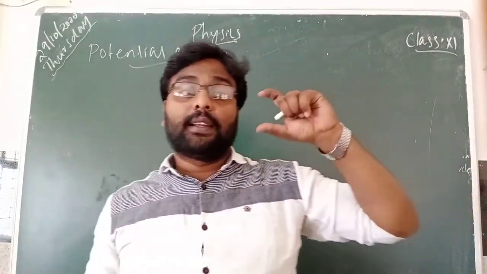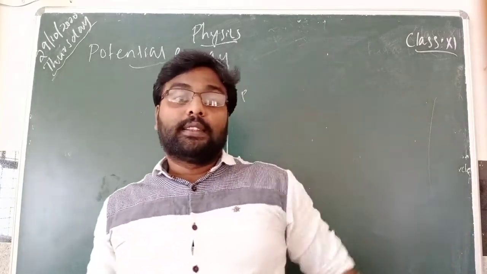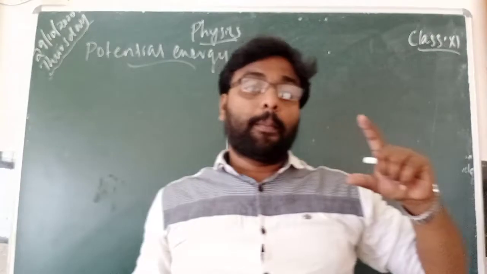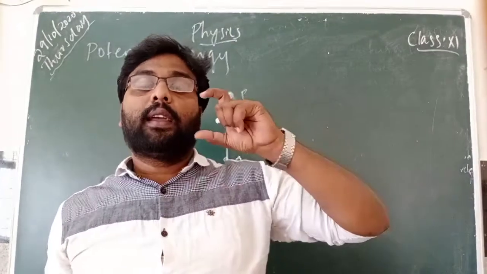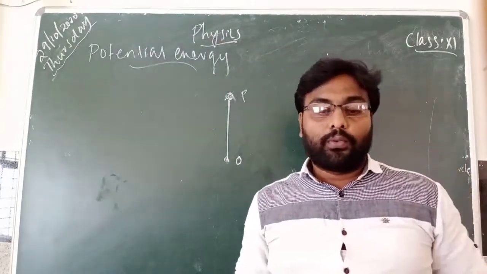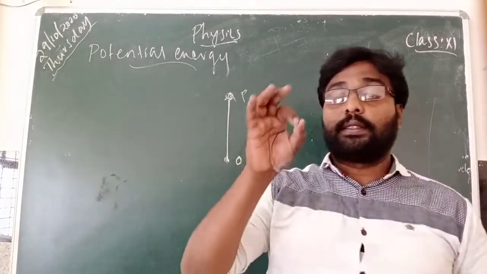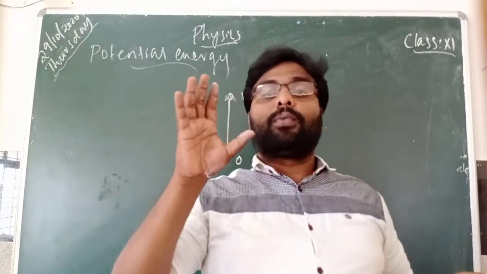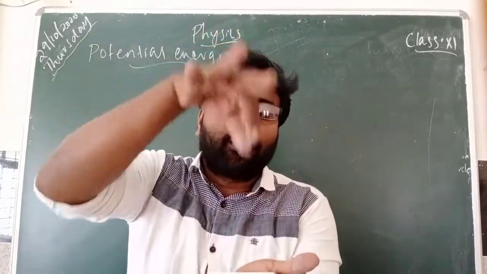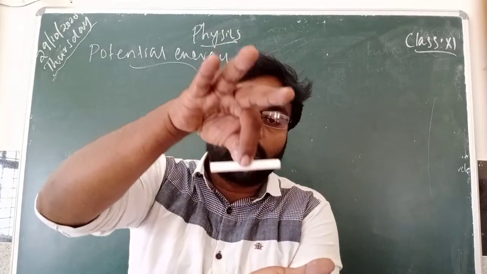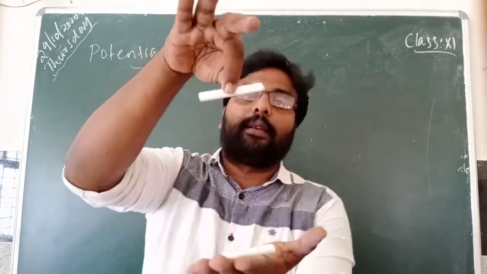Its definition is given on page number 176. The potential energy of an object at a point P: how can you define it? It is defined as the amount of work done by an external force. You are applying an external force on an object to do some work. I am applying a force on this object, so some work is done, and the object is lifted from the initial position to the final position.